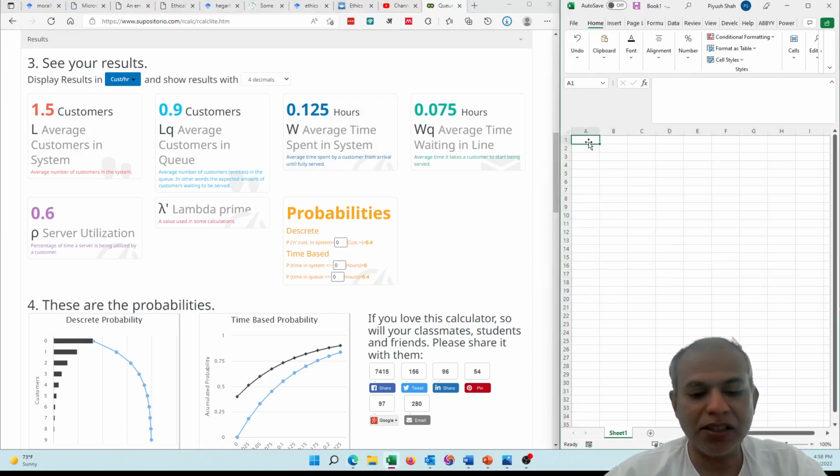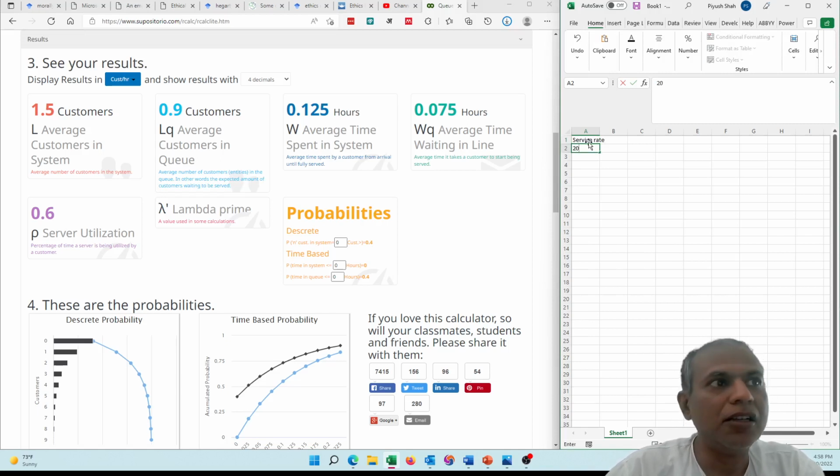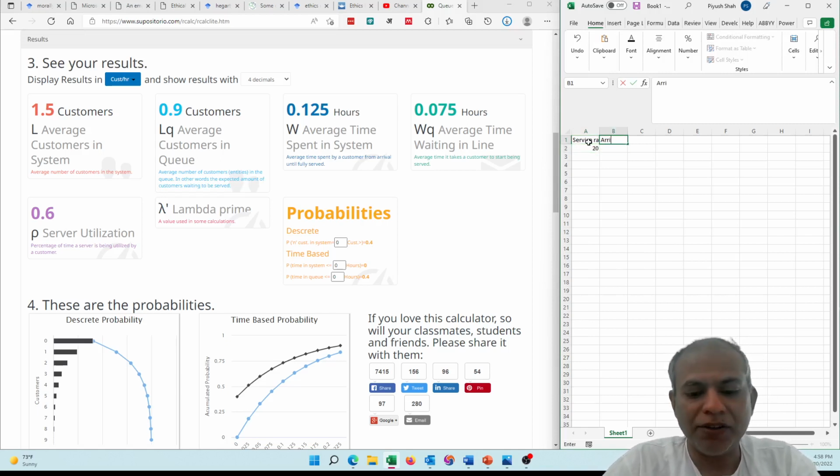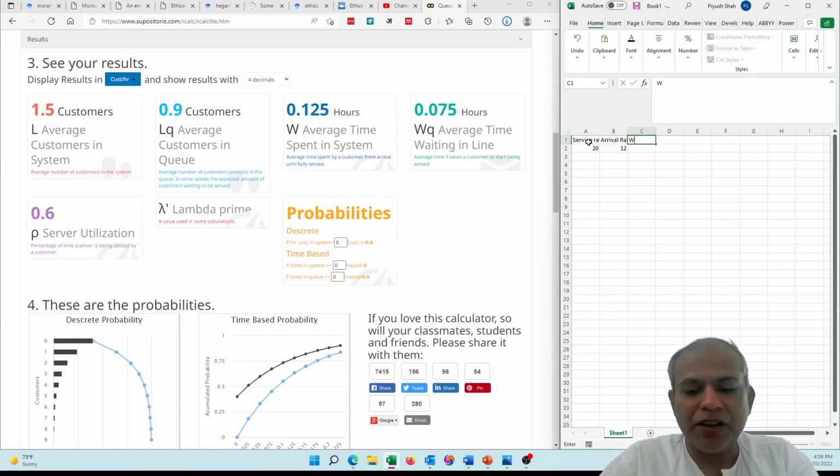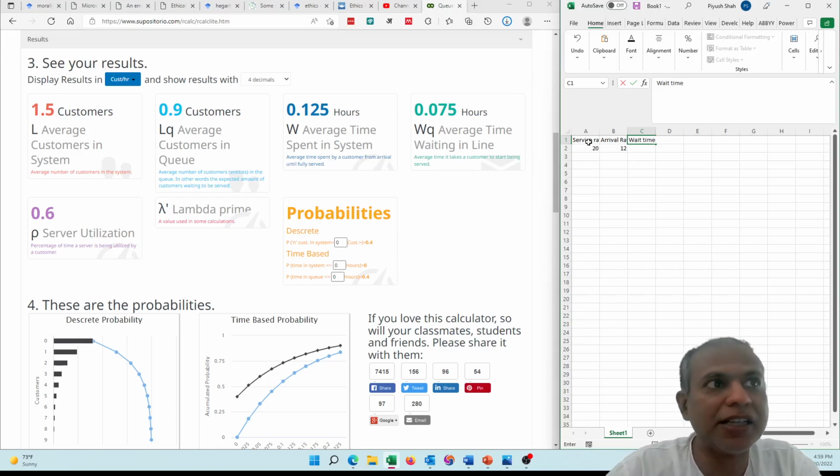So I have the service rate, which is going to be constant at 20 customers per hour. I have my arrival rate, which I will keep changing. At this point, the arrival rate is 12 customers per hour. My wait time in the system in hours is going to be 0.125.